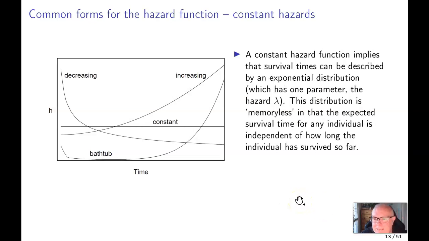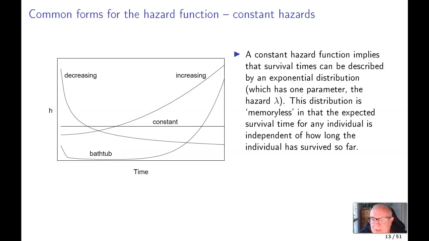A constant excess hazard is more common in other applications, and we often say the constant hazard can be described by an exponential distribution, and I'll get to that later when I talk about parametric models, but we talk of this as being memoryless.